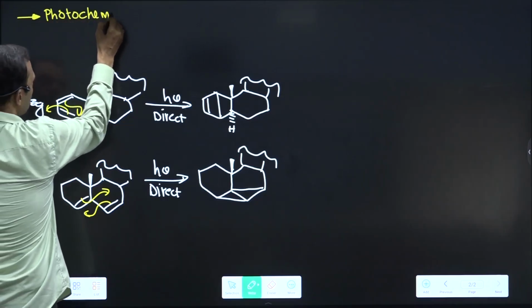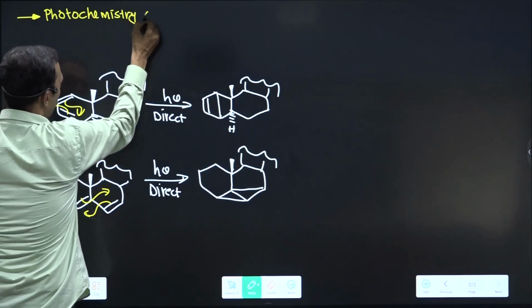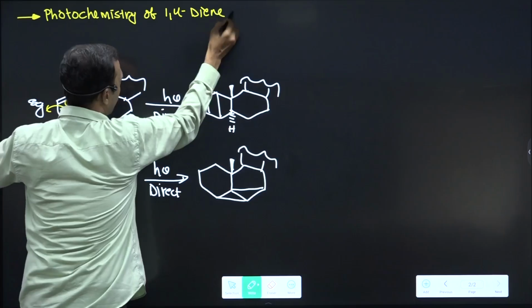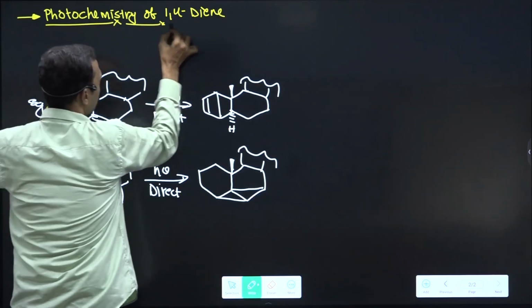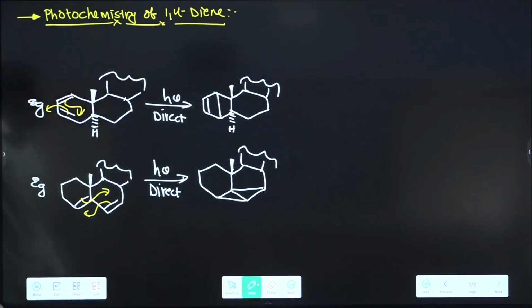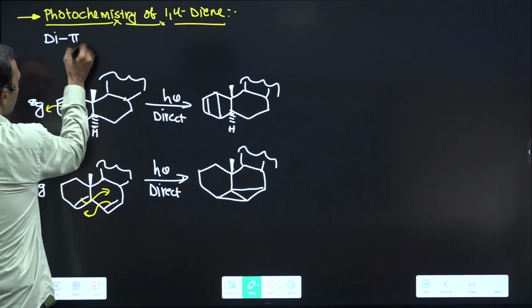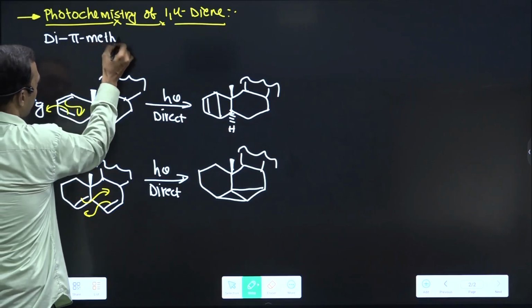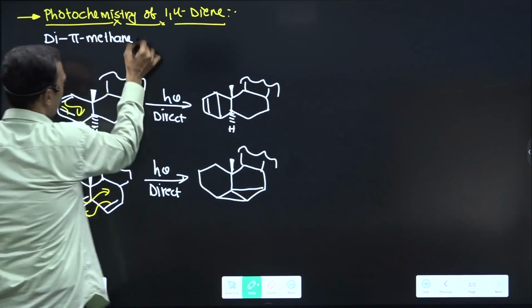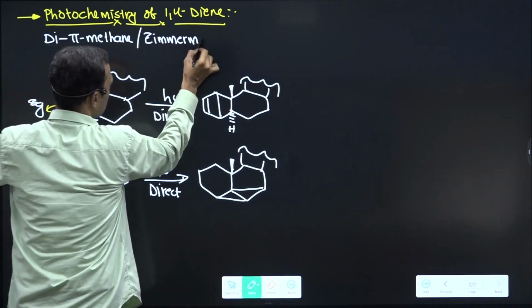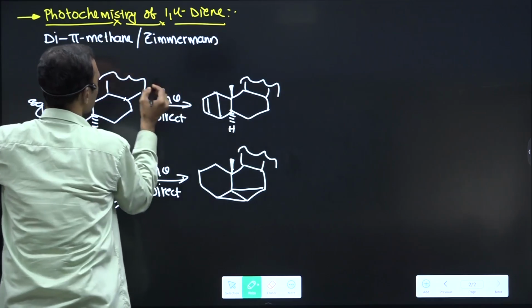Next, heading: photochemistry of 1,4 diene, unconjugated dienes. It is also called di-pi-methane rearrangement or Zimmermann rearrangement.